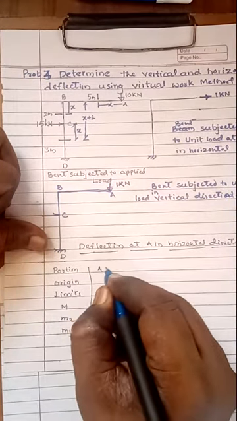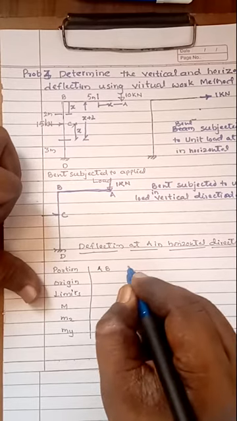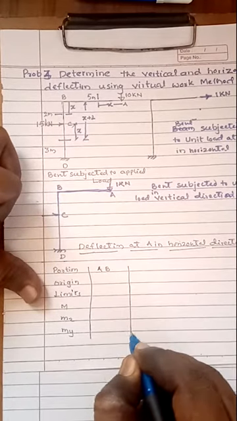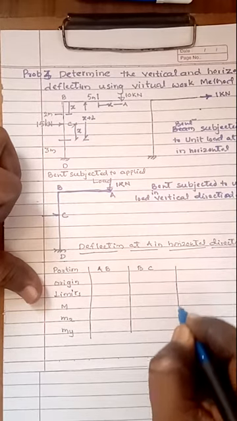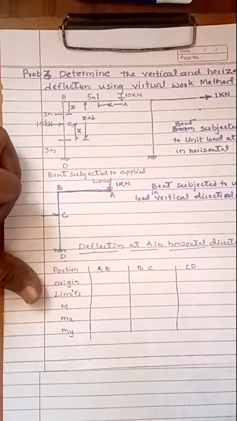Portion A to B is the first portion, the second portion is B to C, and the third portion is C to D. Here there are three portions.